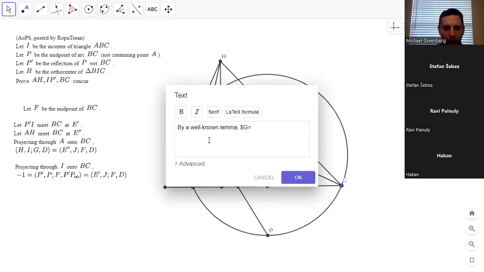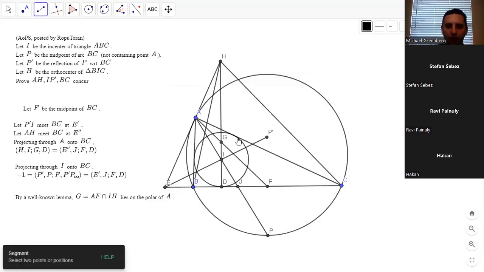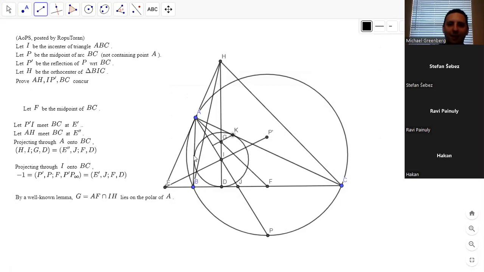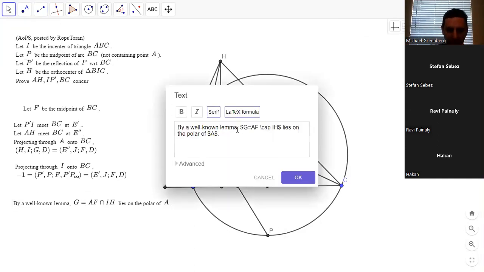G equals AF, IH lies on the polar of A. Okay. Oh, okay. Oh, yeah. Okay. Yeah, that helped me a lot. Sorry.